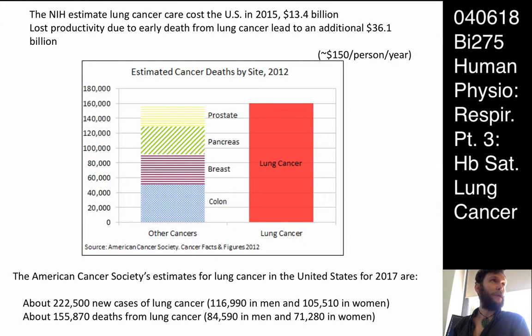So what does this mean? My statistics are a little old. It is 2018 now, but the NIH in 2015, I guess they're usually 2 years behind. So in 2017, they estimated that lung cancer cost the United States $13.4 billion in direct lung cancer care.